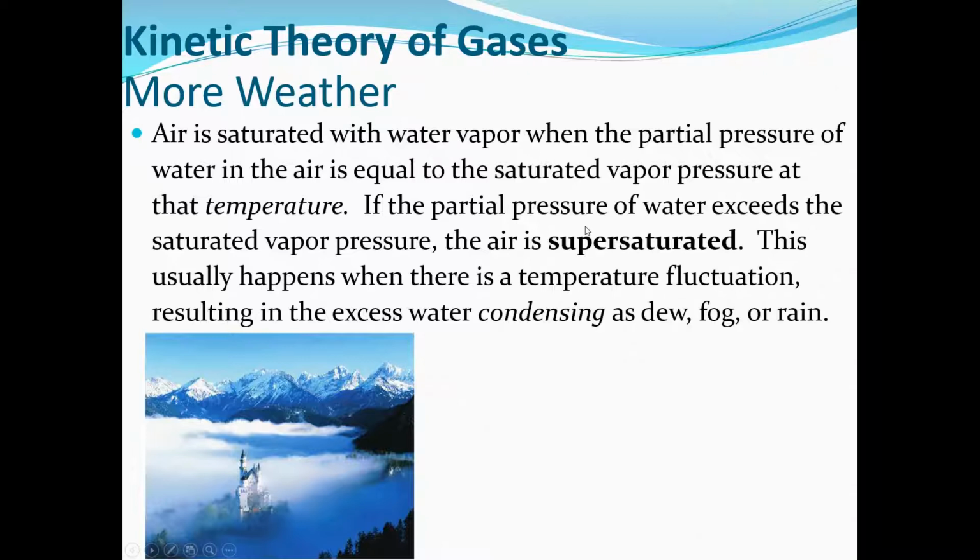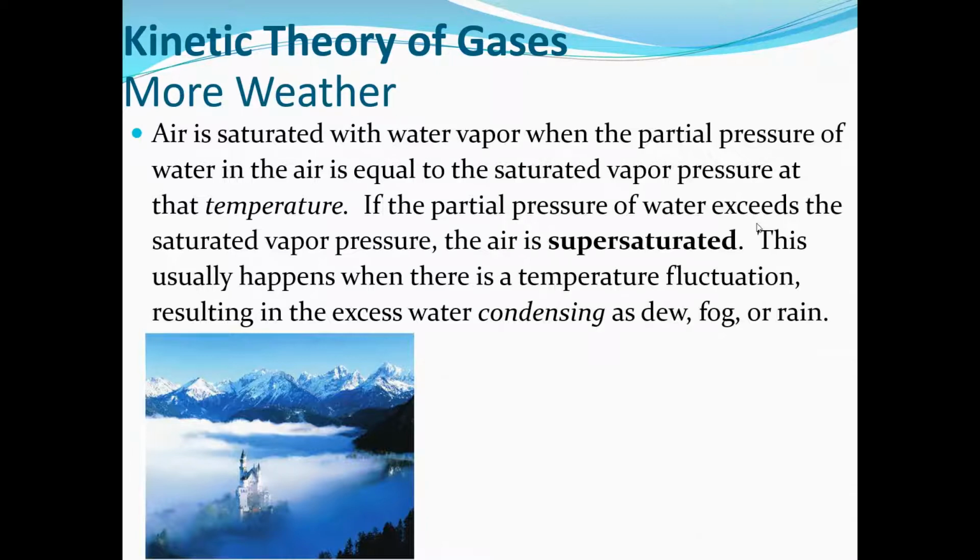Now, this doesn't occur normally, in the sense that, as I said before, if the temperature is 20 degrees and it can only withstand 17 torrs of water, it can only take that amount. However, when you have a drastic temperature fluctuation, so if the air is currently holding a certain amount of water vapor, so it has a relative humidity that's high but less than 100%.